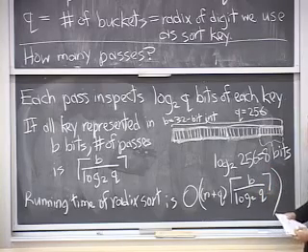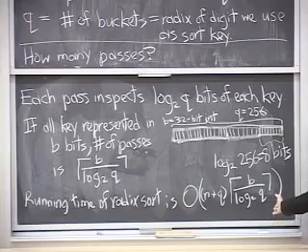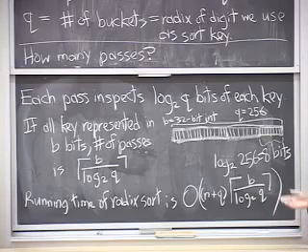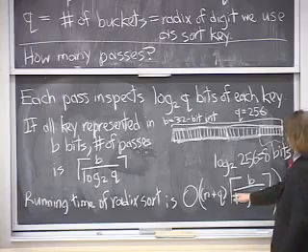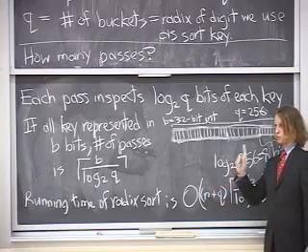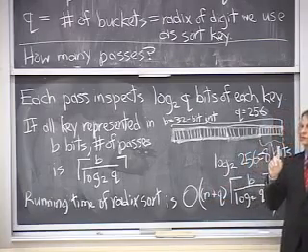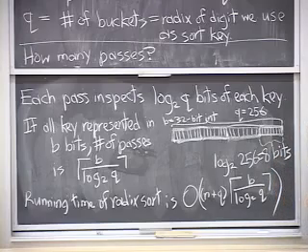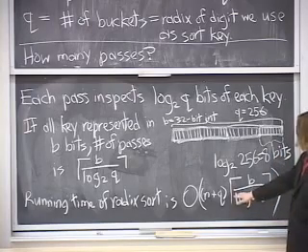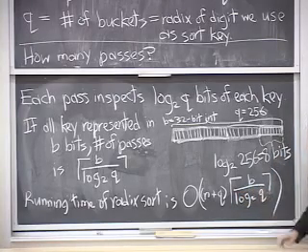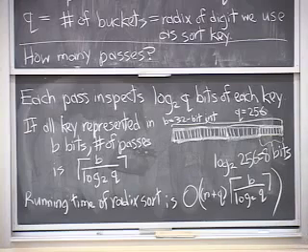Any questions on that? Yeah. I'm sorry, what was n plus Q? N plus Q is the amount of time it takes to do one pass of bucket sort or counting sort. And then we multiply that by the number of passes we have to do. Other questions?